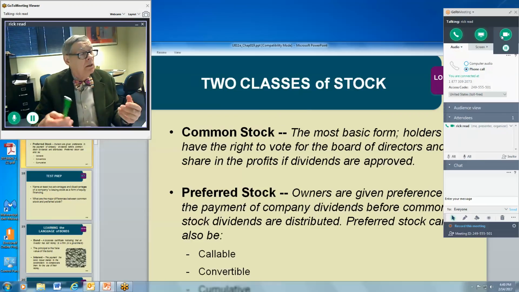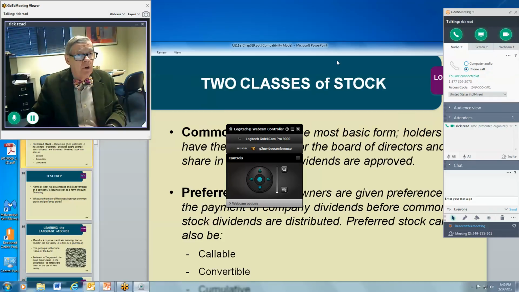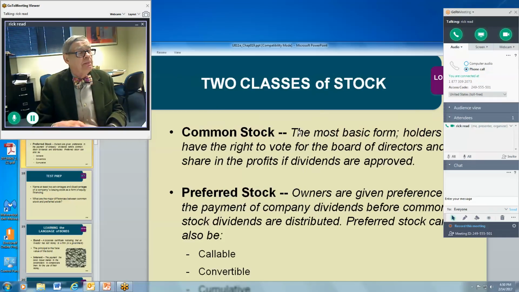We have the right to vote for the board of directors, and we can share in the dividends if dividends are approved. Now, you can also do this with dividends. On several of the stocks that we own, we have what's known as dividend reinvestment. So when a dividend is declared, those dividends are not paid to us in cash.